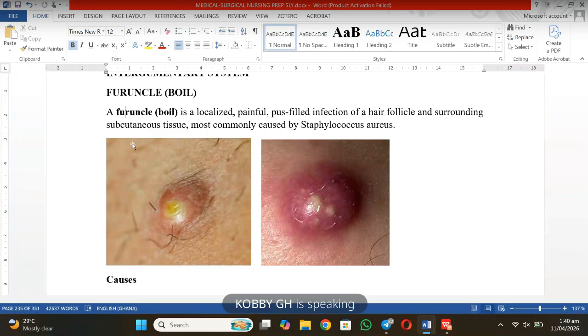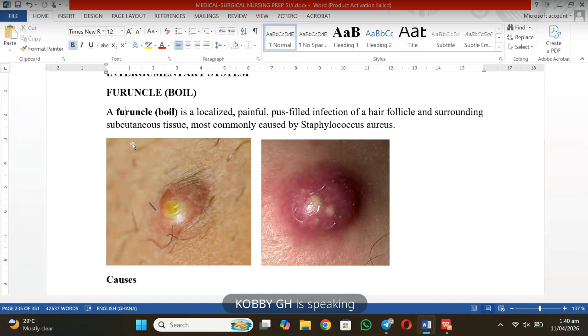For example, a condition like cellulitis is an area that they can ask you questions on. Most of the time, questions on those areas are usually very simple.